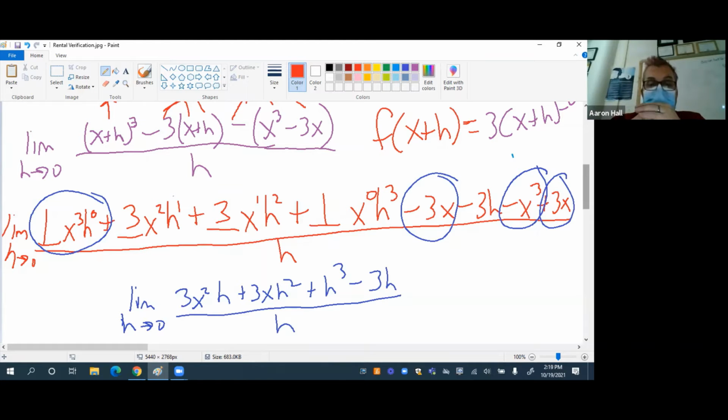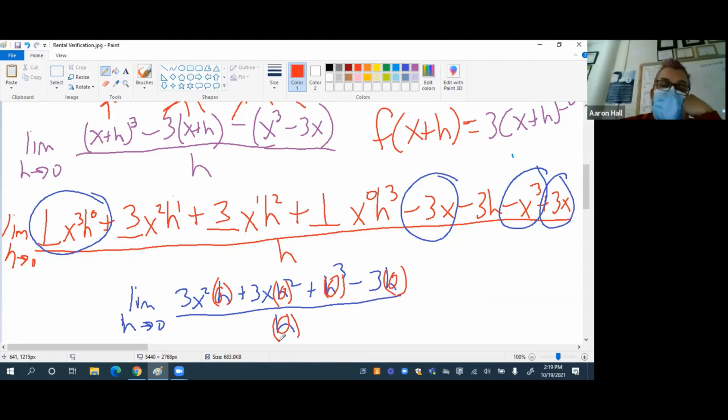Emerson, any idea? If I plug in 0 right now, then we're multiplying by 0 here, here, and here, and then here. Don't we get 0 over 0? So there has to be something else I can do at this point so that I don't get this indeterminate form.